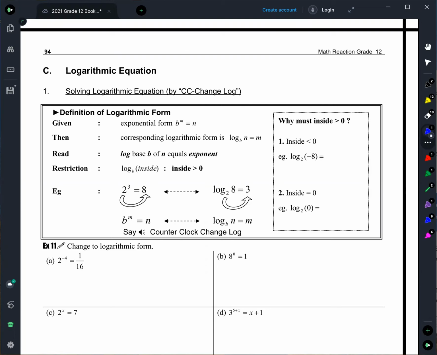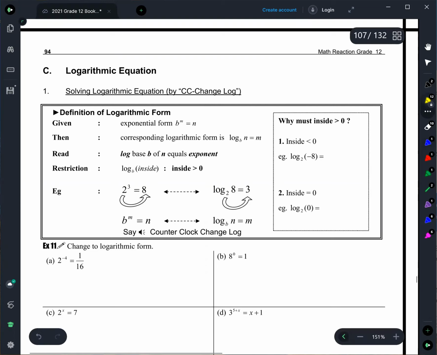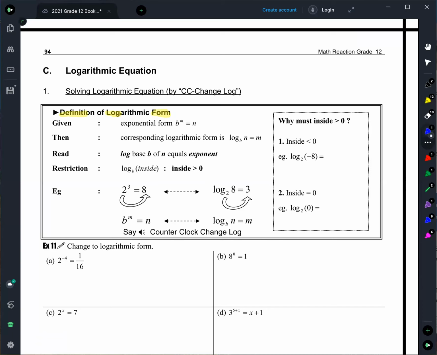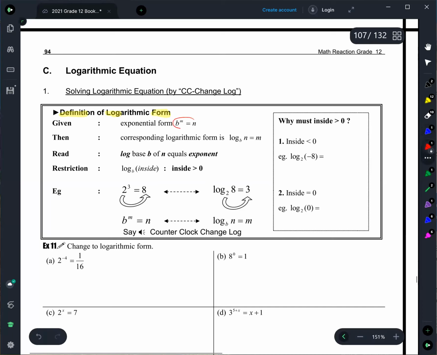First, we'll look at the definition of the logarithmic form, and it actually has to do with the exponential form you've been using all the time. So we'll start with the exponential form. Right here, this is called exponential form.